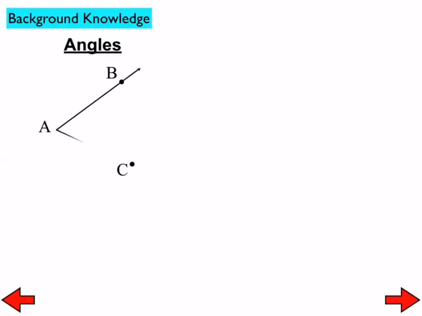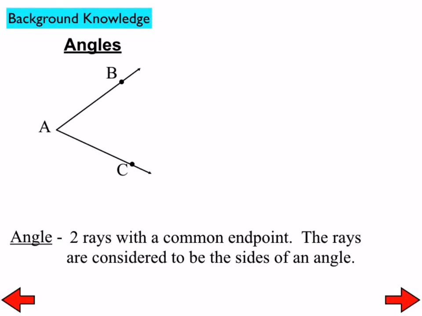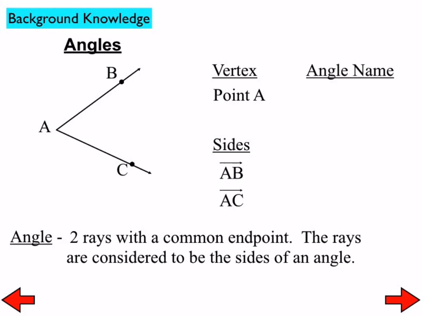Some background knowledge. Here are some things that we talked about. We defined what an angle was and how an angle is made up of a vertex, which is a point, which is the corner of the angle, if you want to think of it that way. And all angles are made up of two sides, which are rays. So in this case, ray AB and ray AC. And we can name this angle several different ways. One would be angle BAC.